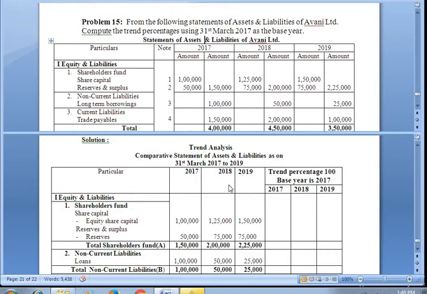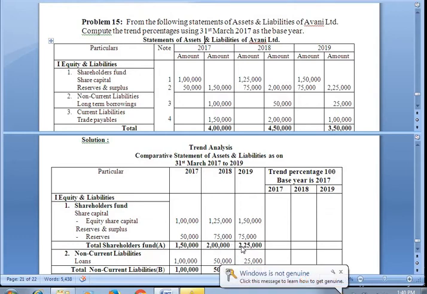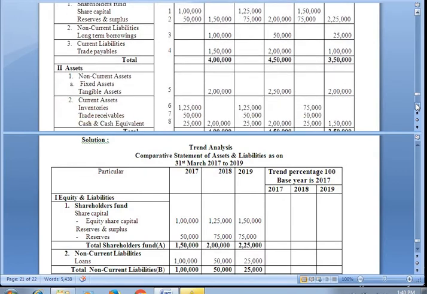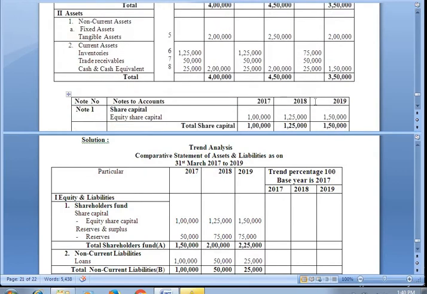So this is the format. Here I have already written all the amounts so that we can save our time. In equity and liabilities, first one is shareholders fund. In shareholders fund there is share capital. The details of share capital you can find in note 1. See here, equity share capital 1 lakh, 1 lakh 25,000 and 1 lakh 50,000.